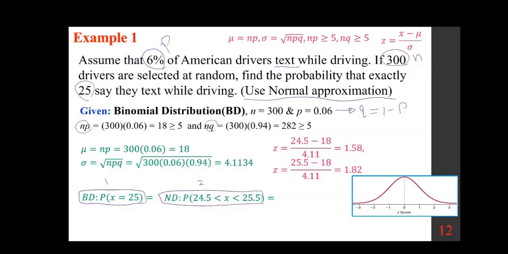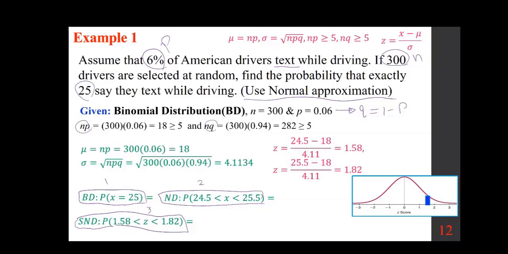So now, this is the third step. I have the binomial distribution, I have the normal distribution, the standard normal distribution. Now I like to go to the graph. We are looking at the area between 1.58 and 1.82. Take a look. It doesn't even have to be to scale, but it gives you an idea.